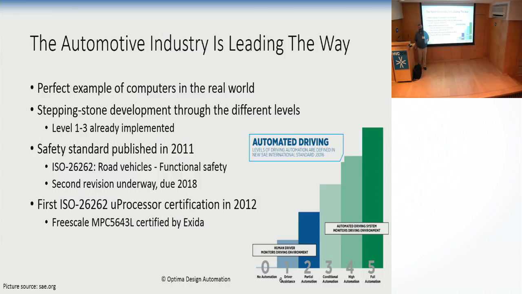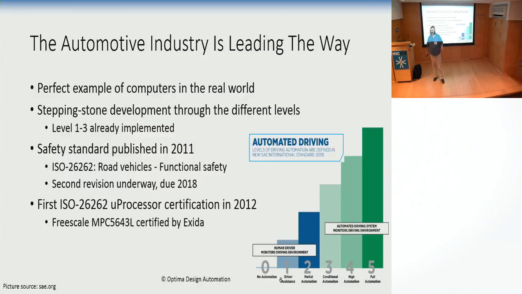There are 150 microcontrollers in a car today, interacting in the real world with real dangers, and they have a stepping stone strategy of automated driving, moving, as you can see here in the picture, from no automation to driver assistance, partial automation, conditional automation, high automation, and full automation, where in the first three the human driver monitors the driving environment, and these help him.